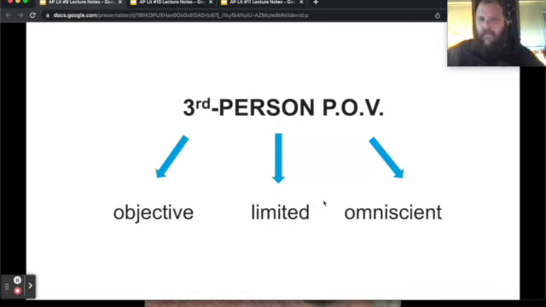Ideally it would be objective. They're not making a comment about it. They're just saying, here's what happened. Here's the story. And so don't get confused, because one of the third person points of view is called objective. They're all objective to a point, meaning they are just simply recalling a story that happened. Right?